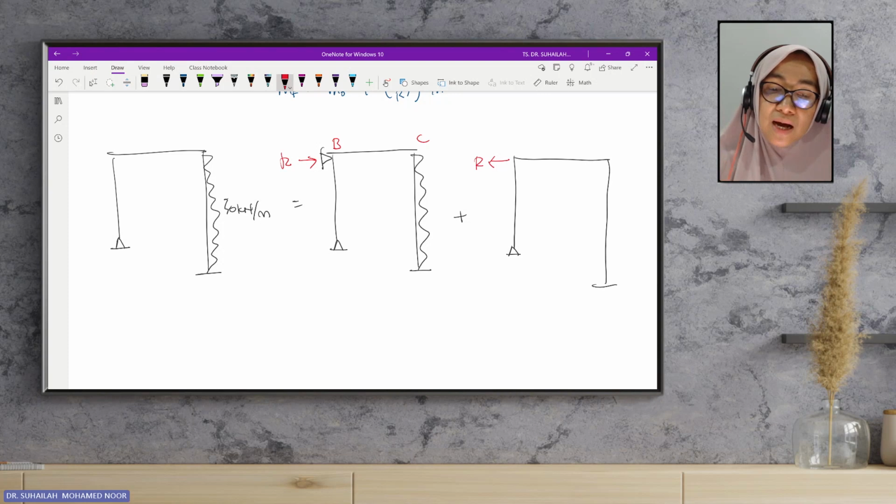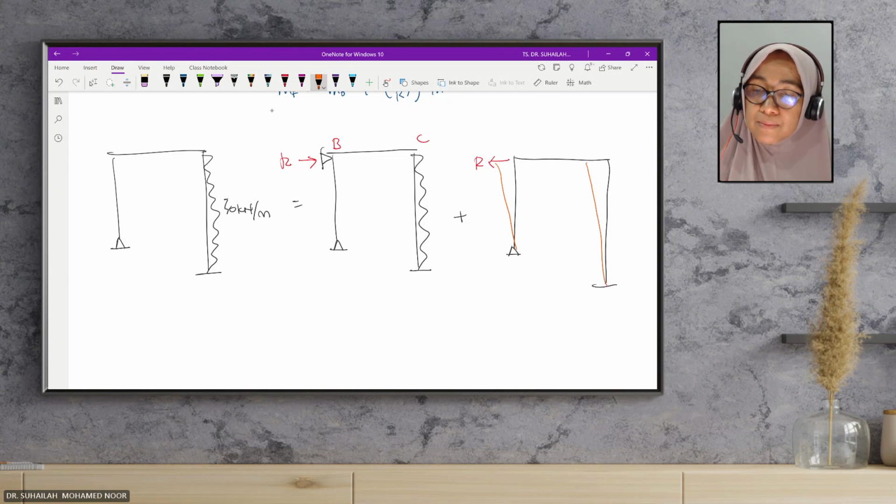Due to this R, there is delta at B and C, and we assume that the sidesway at B and at C are equal. So this is the principle of superposition.